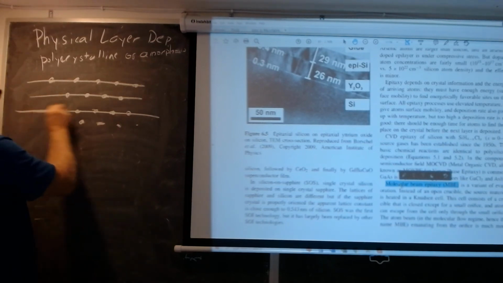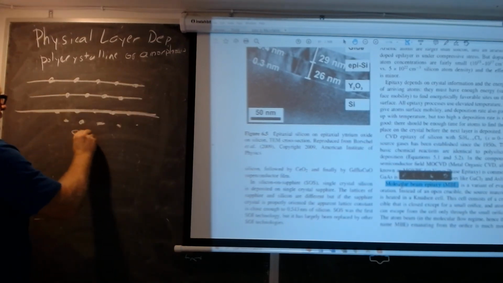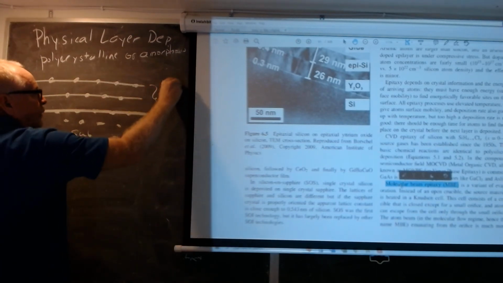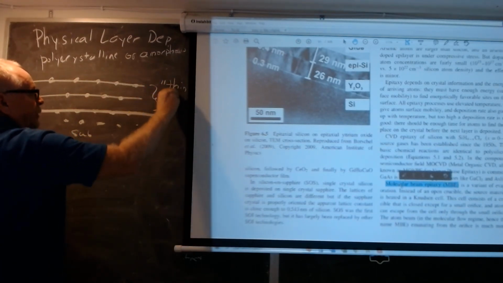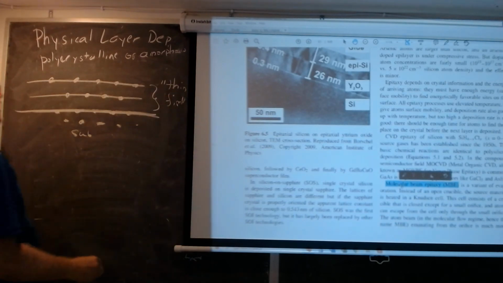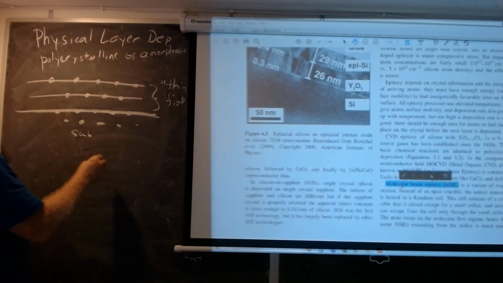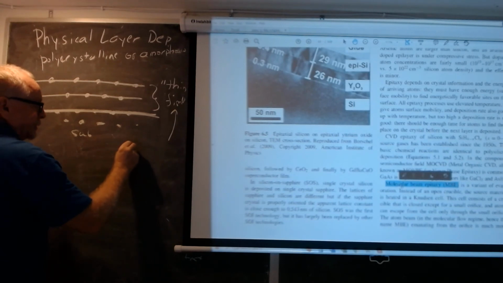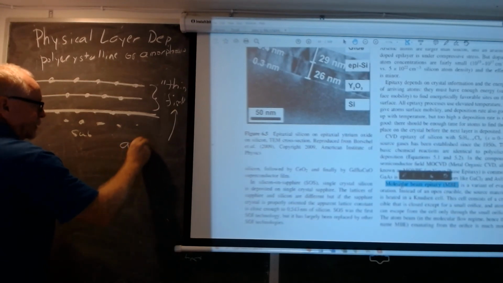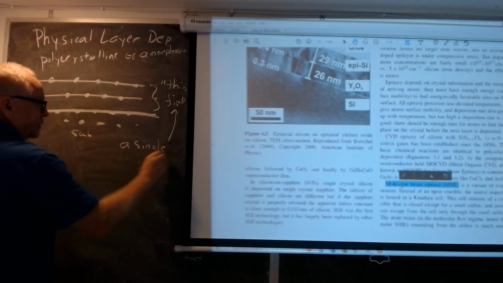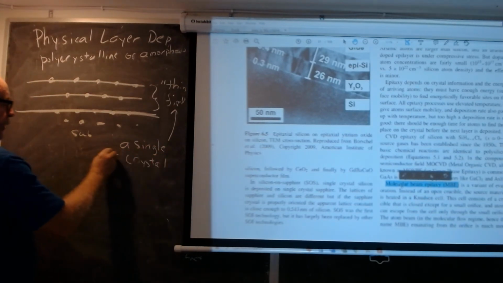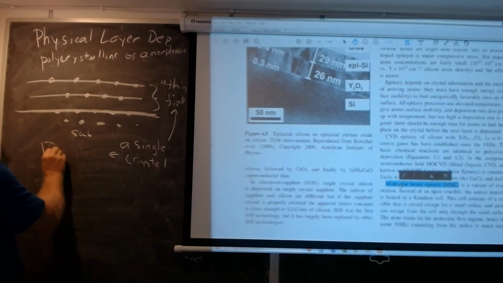So this is the substrate, and this is the quote-unquote thin film. And if this is crystalline, if this is a single crystal, we call that epitaxy.